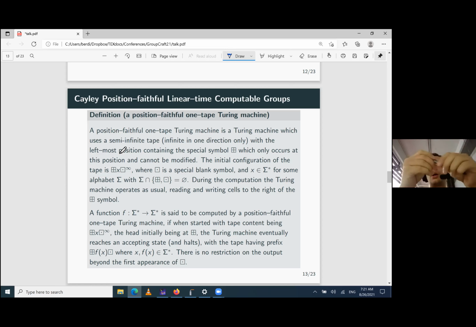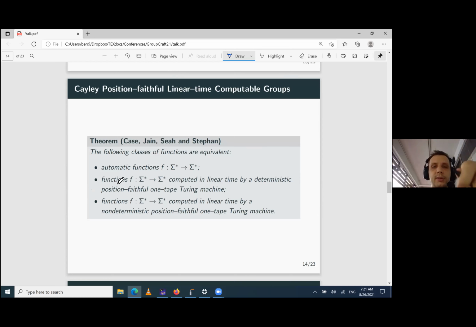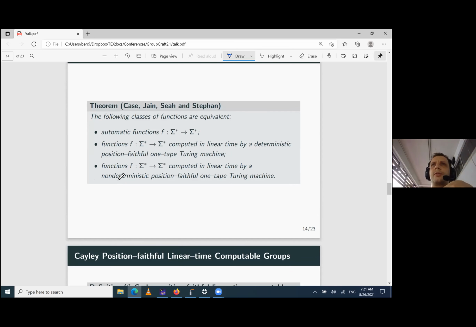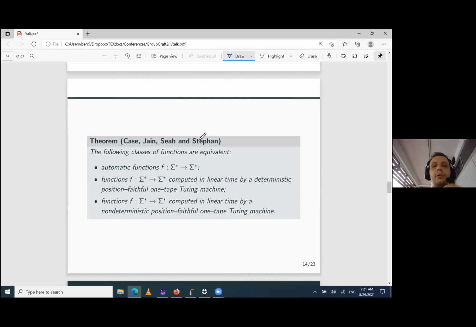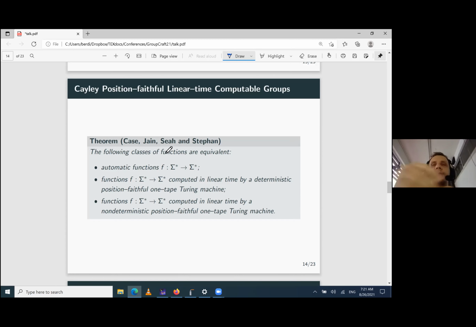And actually, this algorithm can be implemented on a one-tape Turing machine. There is a result, maybe proved around 2013, by Case, Jain, Seah, and Stephan, that these three things are equivalent. Multiplication being recognizable by two-tape synchronous automata is the same as saying that multiplication can be implemented by a position-faithful Turing machine in linear time.